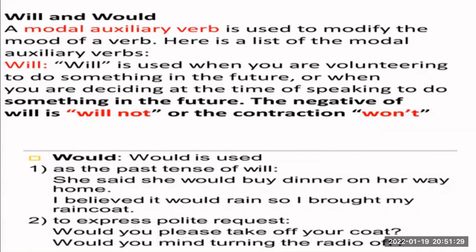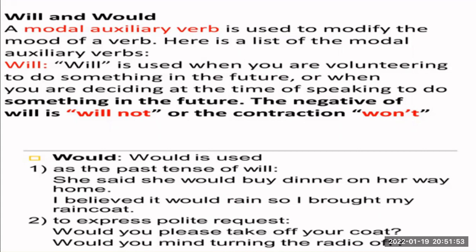All right. Now, we have already stated the work that a modal auxiliary verb does in a sentence. Then, when specifically do you use will? You know, of course, when you are talking of willingness to do something, all right?